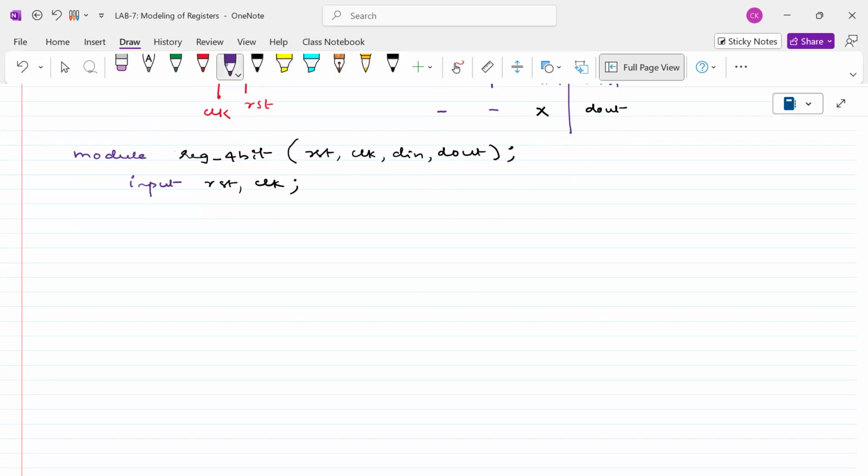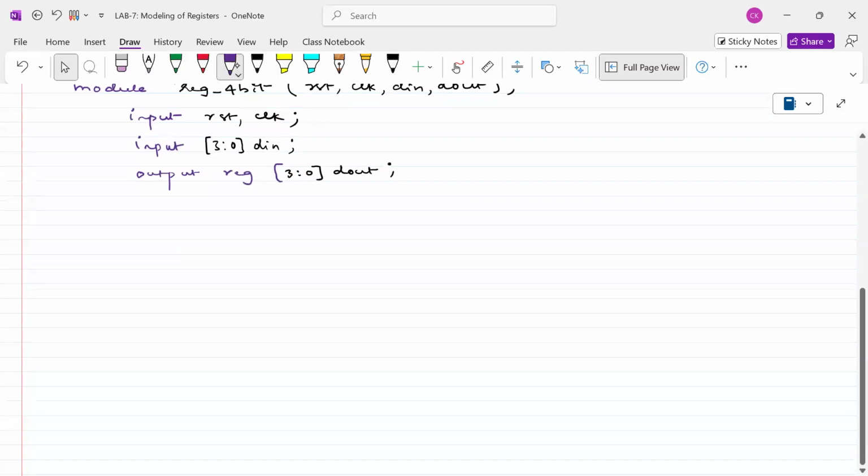Another input is 4 bit size, 3 down to 0 of DIN. Next, what is the output? The output is a register data type, 3 down to 0 of DOut, because we would like to write it in behavioral model. Okay, we have to write it in behavioral model.